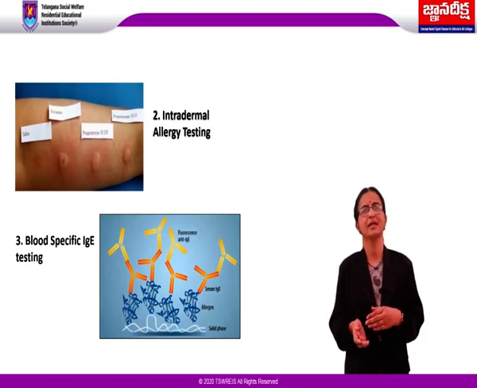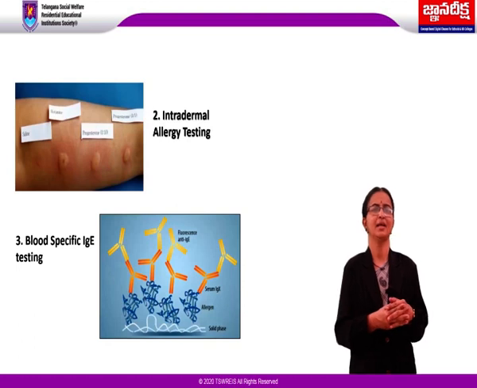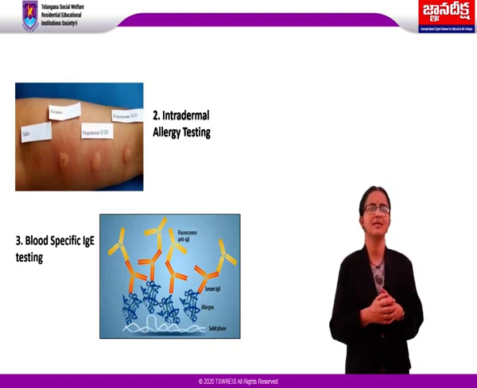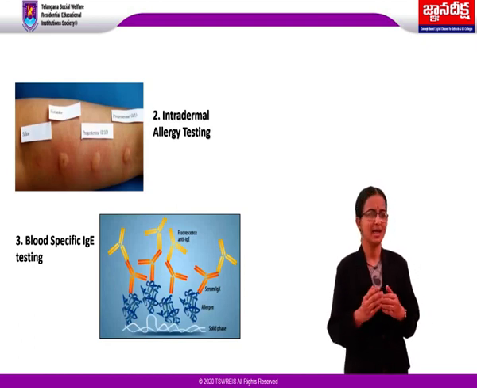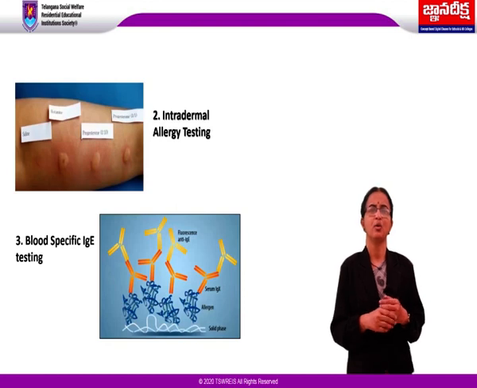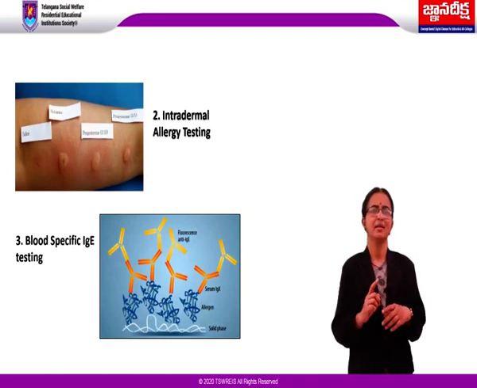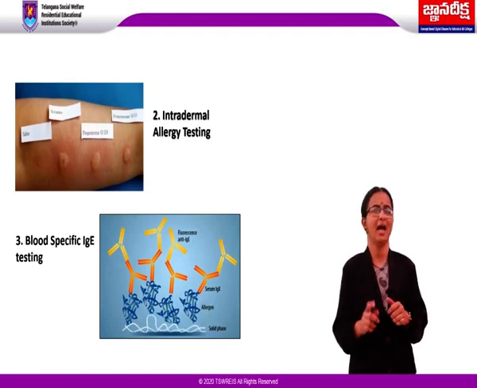Blood-specific IgE testing is particularly useful when anaphylaxis is being investigated, as the testing carries no associated risk of anaphylaxis and there are very few contraindications. This test can be performed in patients who are taking antihistamines or other drugs that are contraindicated in skin prick testing, and in patients whose risk of an adverse reaction to skin prick testing is high.